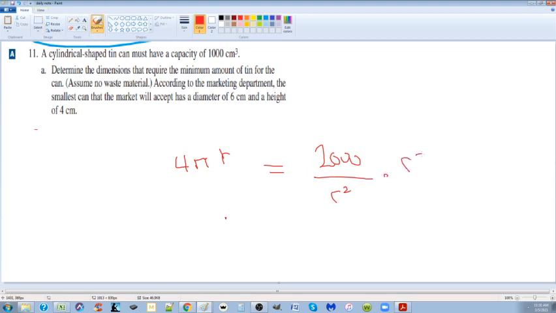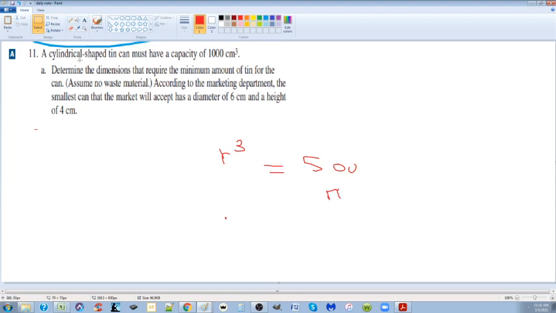Multiply by r squared on both sides. We get r cubed over here, and it cancels out here. Divide by 4. We get 500. Divide by pi. And we might as well, I mean, it depends what they want our answer in.